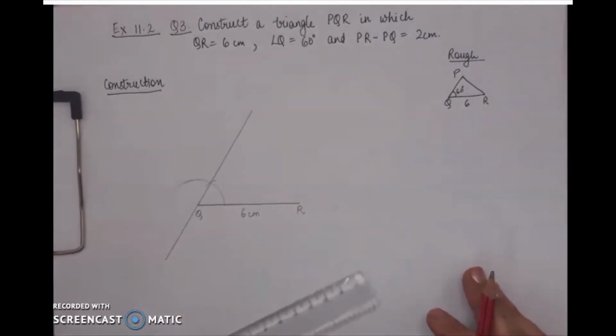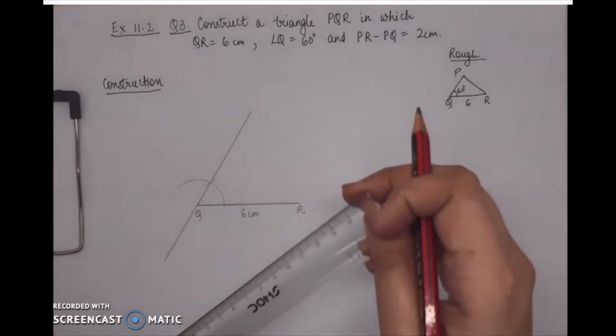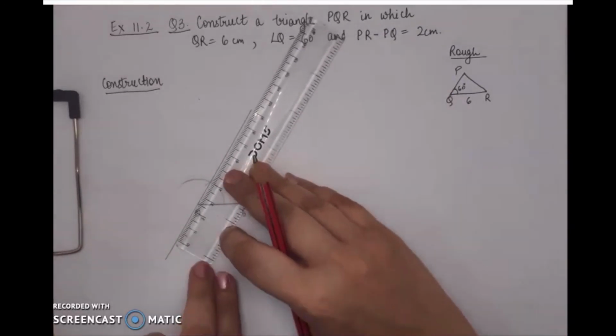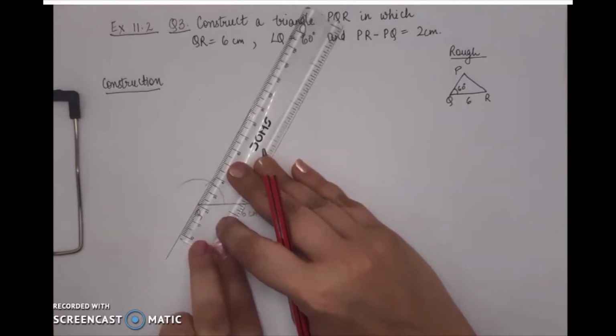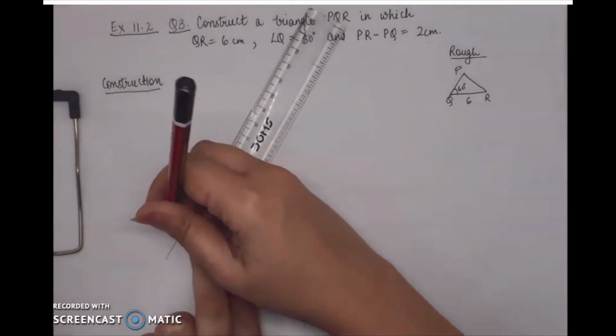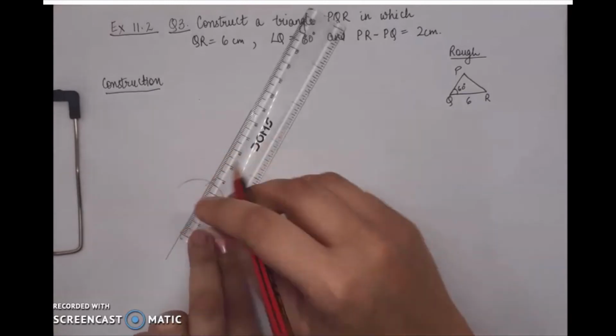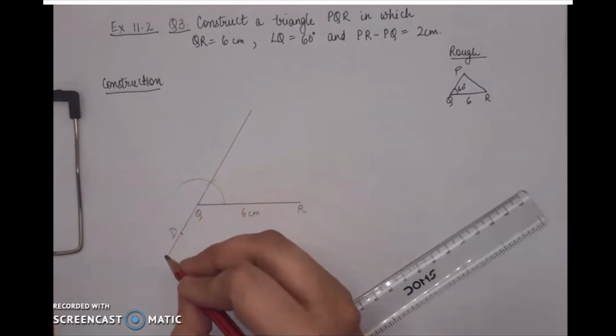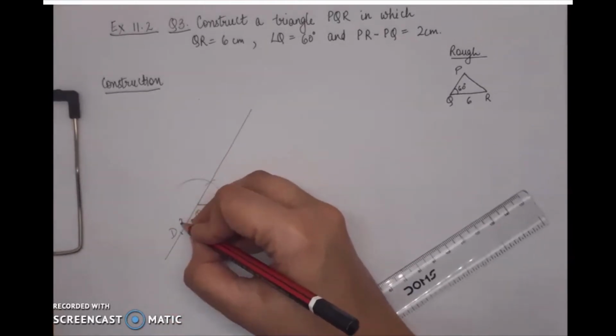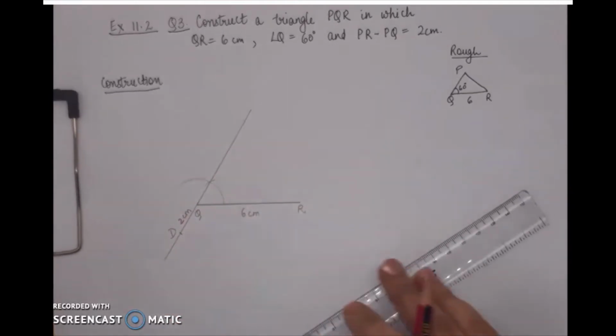So this angle I'm extending behind, and that side I'm going to measure 2 centimeter now. That is not in the front, not ahead, but backwards I'm measuring. So this much is 2 centimeter which I have measured.